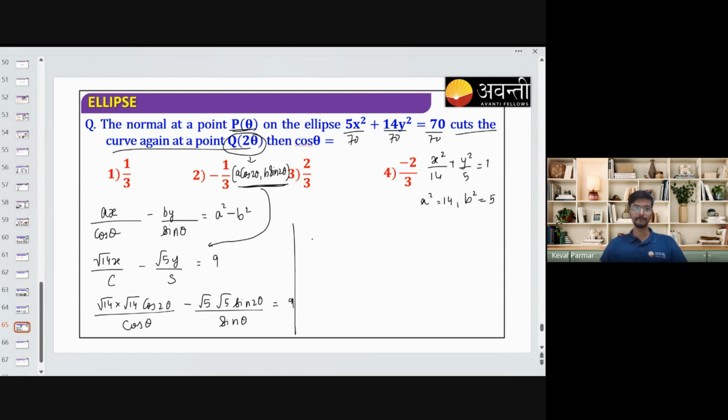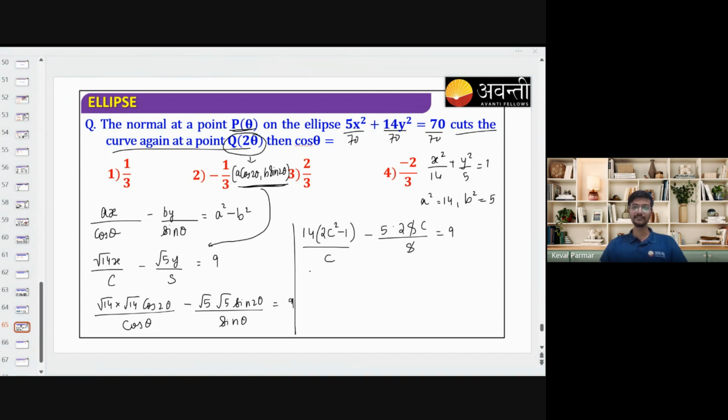So what I'll get? I'll get 14 cos 2 theta upon cos theta. So we have to open the brackets. So 14, 2 cos square theta minus 1 upon cos theta minus 5, sin 2 theta is 2 sin theta cos theta upon sin theta equals to 9. This sin theta will get cancelled.